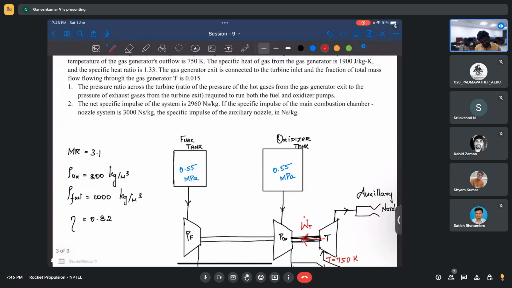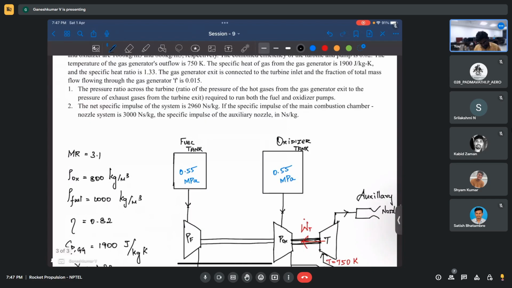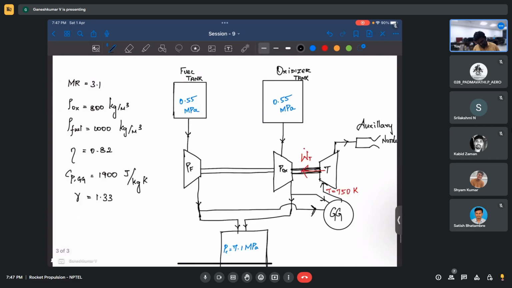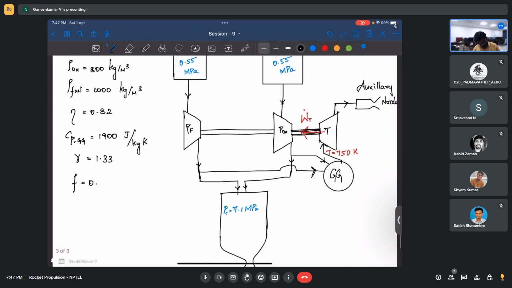Then the specific heat of gas from the gas generator. They gave some specific heat of the gas generator gas, which is 1900 joules per kg Kelvin. Okay. And then we have the specific heat ratio that is also given, which is 1.33. Fine. The gas generator exit is connected to the turbine inlet, and the fraction of total mass flowing through the gas generator, F, is 0.015.